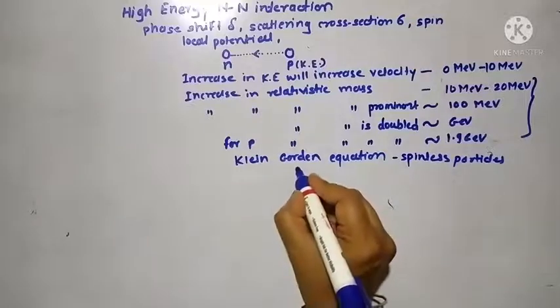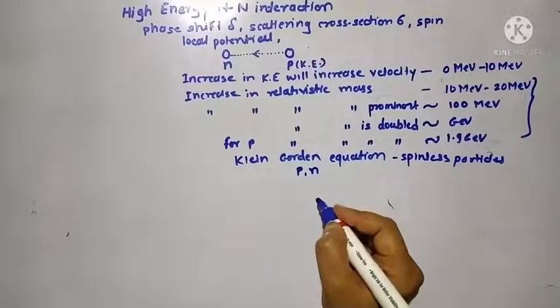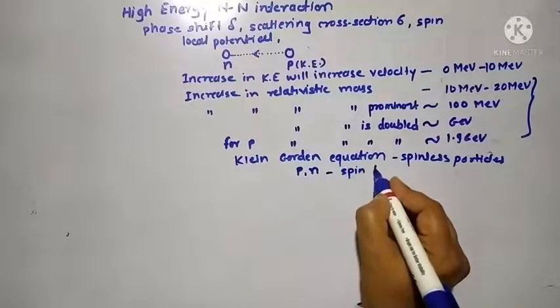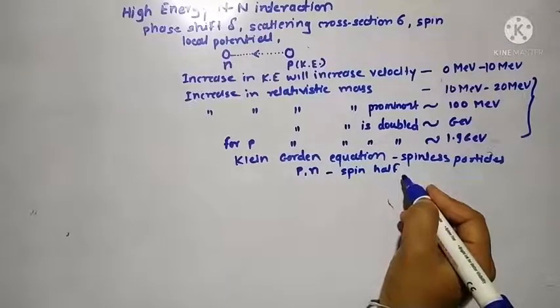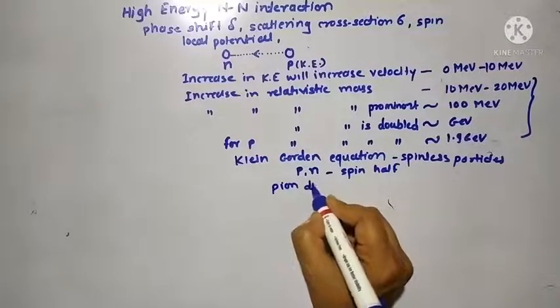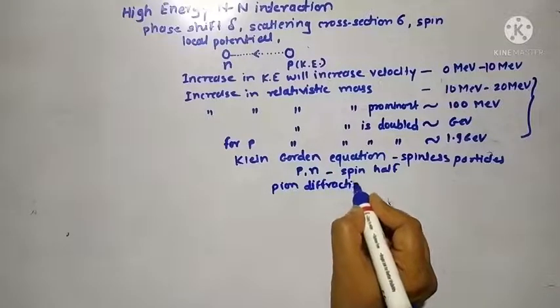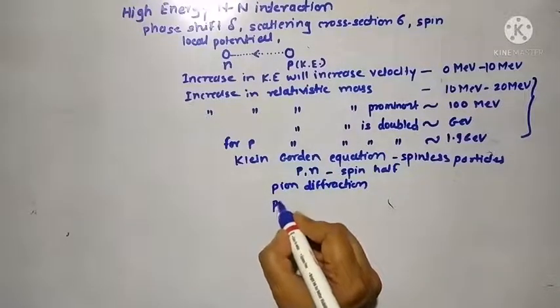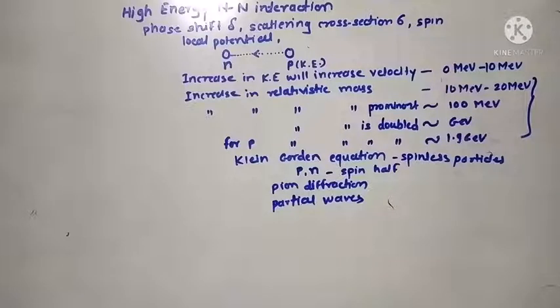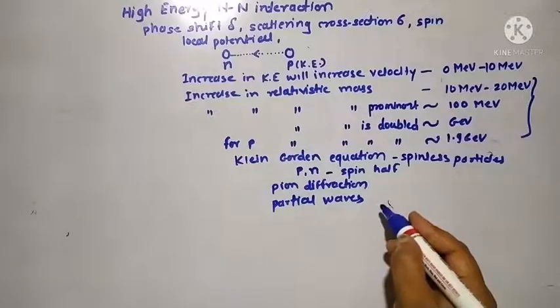But we know that the particles which are involved in this high energy nucleon-nucleon interaction, like proton and neutron, are spin half particles, and for these spin half particles, along with the Klein-Gordon equation, if you consider the pion diffraction and addition of some partial waves, you can completely understand the phase shift delta, scattering cross section and the nature of the nuclear forces, their spin, their momenta, and how this momentum interact with each other.